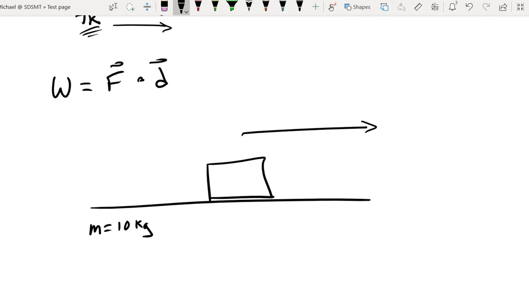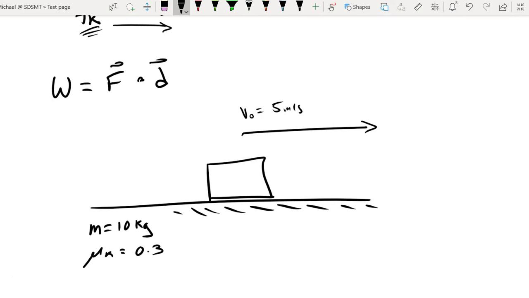And we will have this mass start moving to the right with an initial velocity of 5 meters per second, but it's moving over a rough surface, and that rough surface has a kinetic coefficient of 0.3.